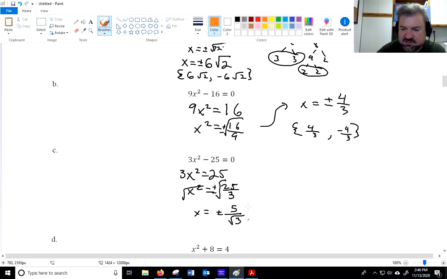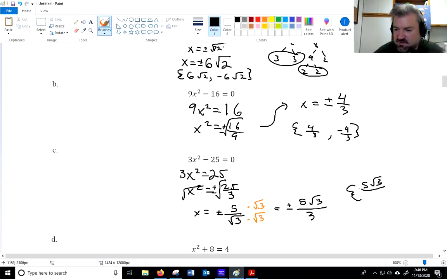So let's rationalize the denominator by multiplying by itself on top and bottom. And then we're just going to multiply 5 times root 3 is 5 root 3. On the bottom, the square root of 3 times the square root of 3 is square root of 9. Square root of 9 is 3, so they just cancel out. So in solution set, you should have 5 root 3 over 3 and a negative 5 root 3 over 3.